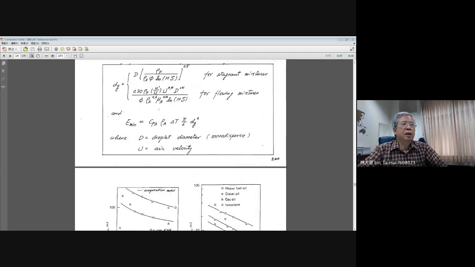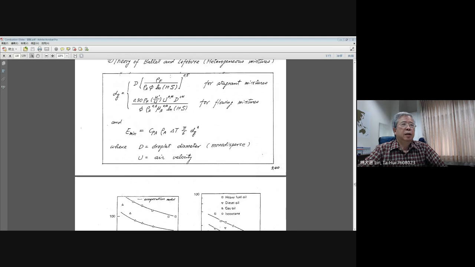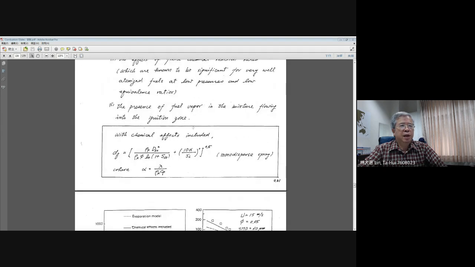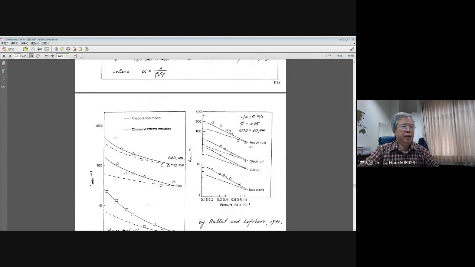You can see in the previous formula they do not bring in the original flame speed. And this flame speed is defined by the finite chemical reaction rate measured from experiment, and the correlation will give you this very good formula, and the final result is here.